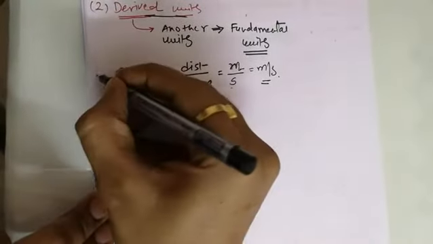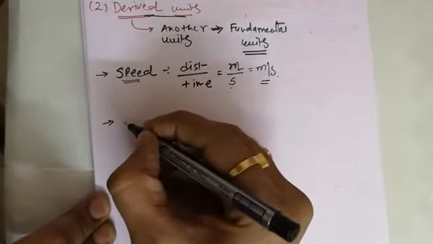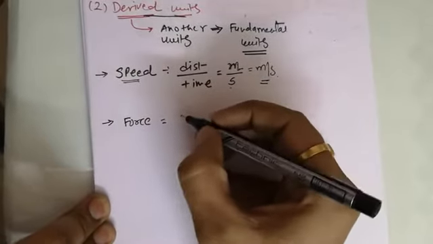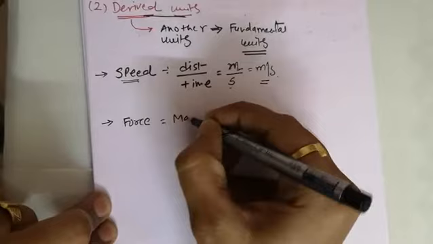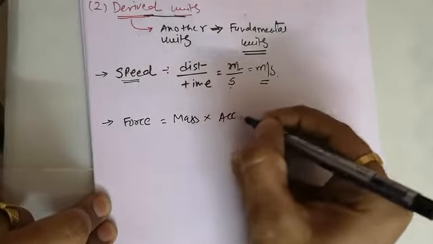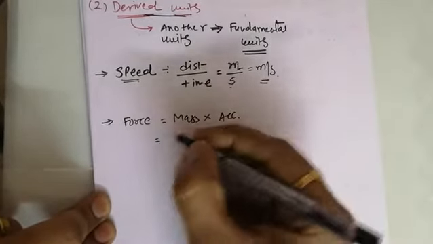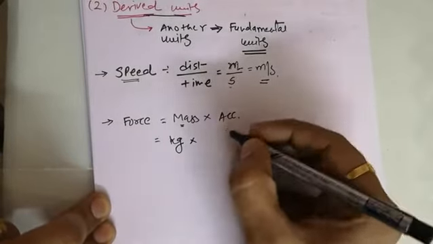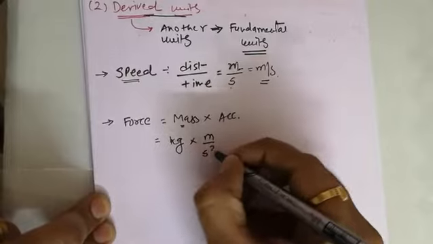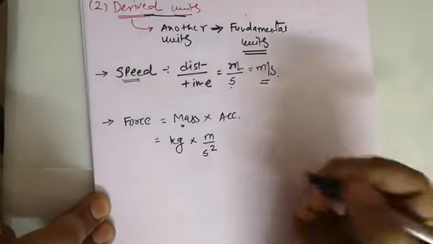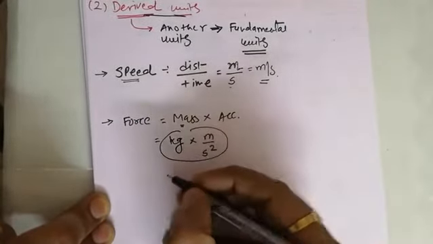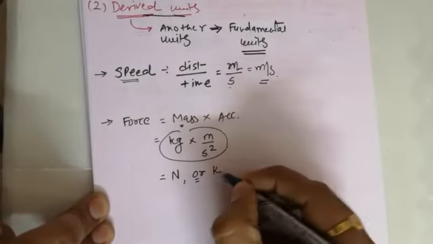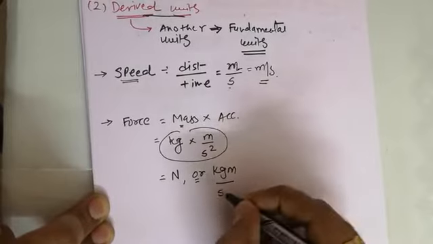Another famous quantity, let's take an example of it. It is called force. In force, you are saying mass into acceleration. The unit of mass is kilogram, and for acceleration you are aware of meter per second square or centimeter per second square. So this entire unit is famously known as Newton, or kilogram meter per second square.